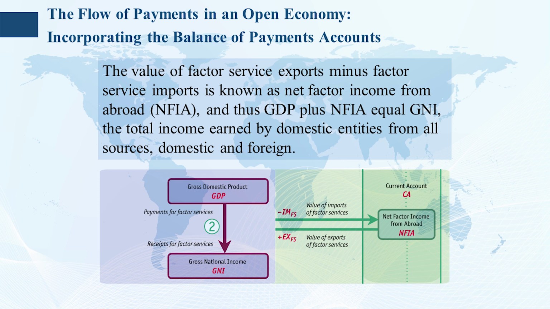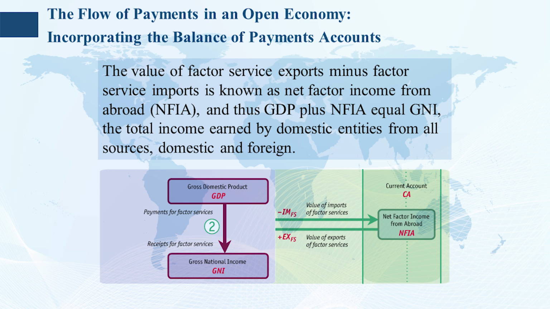Similarly, some foreign GDP may be paid to domestic entities as payment for factor service exports. That is foreign payments to capital, labor, and land owned by domestic entities. Note that this income is paid to factors at home, so it's added when computing home income because it's part of home GNI.